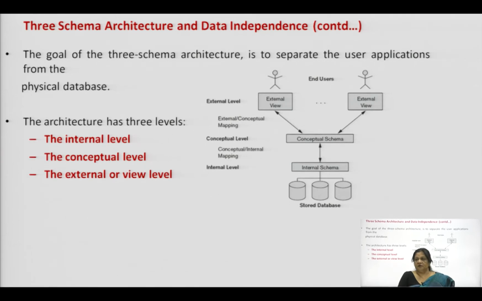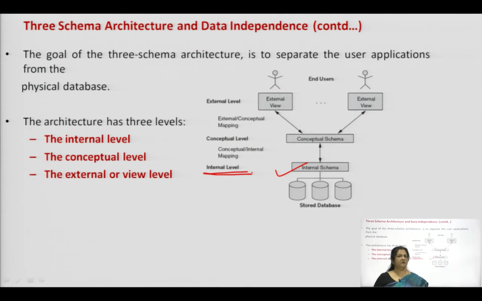The goal of the 3 schema architecture is to separate the user applications from the physical database, and it consists of 3 levels: the internal level, the conceptual level, and the external or the view level. So, what is the internal level? The internal level over here, this is the internal level, which is given by the internal schema.